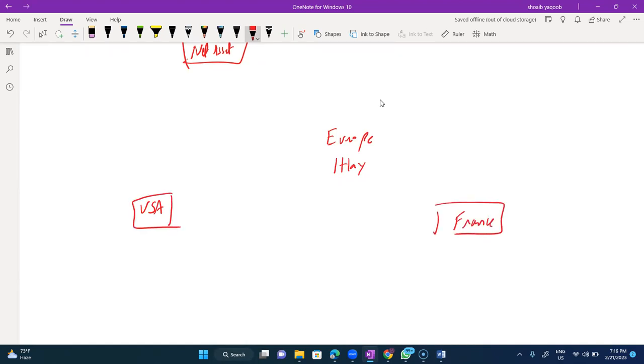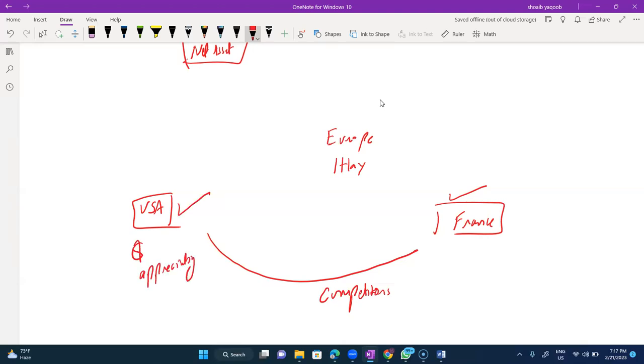Both of these companies are competitors. If the euro starts depreciating, if the French currency starts depreciating compared to the dollar, which is appreciating, and both are doing business here.